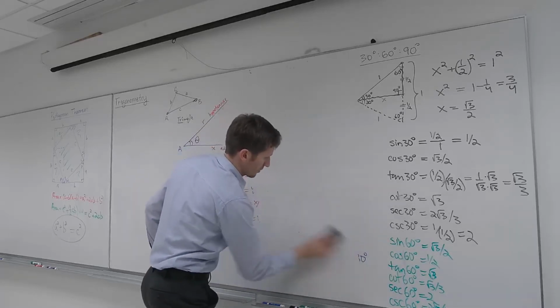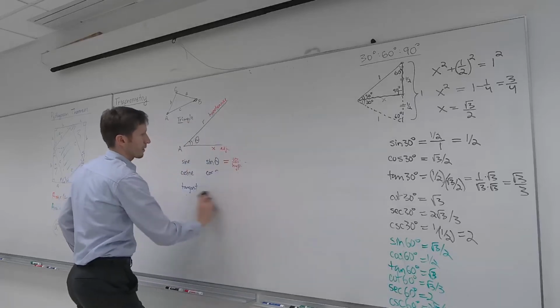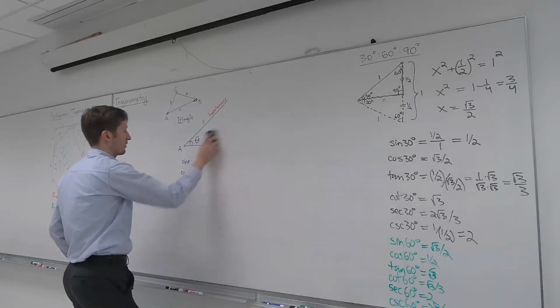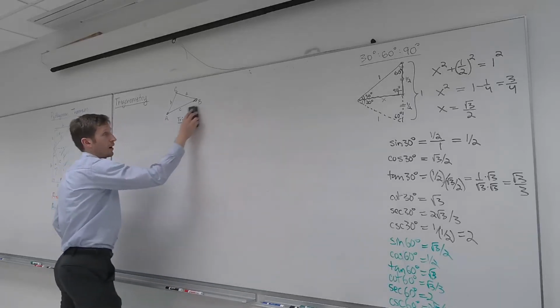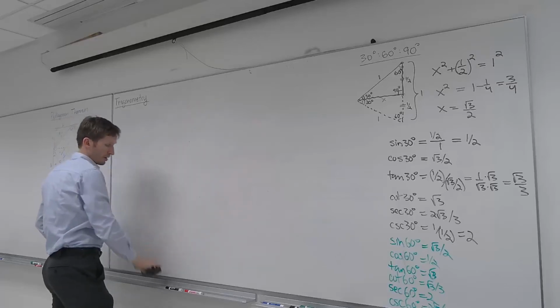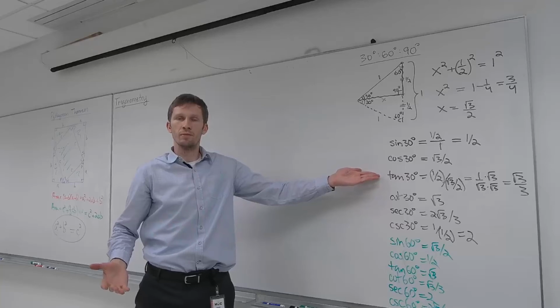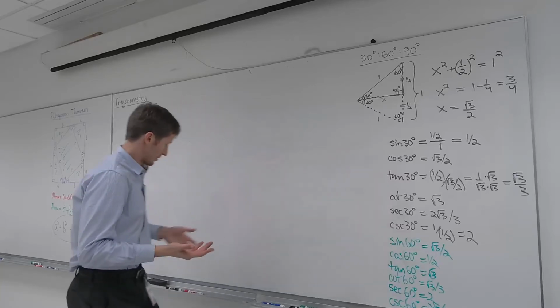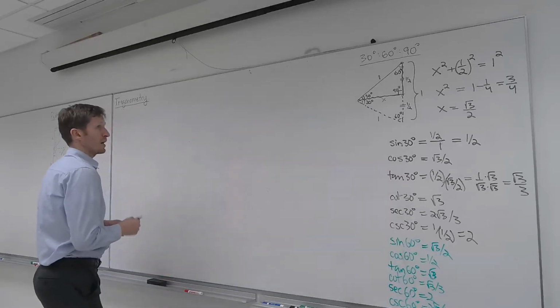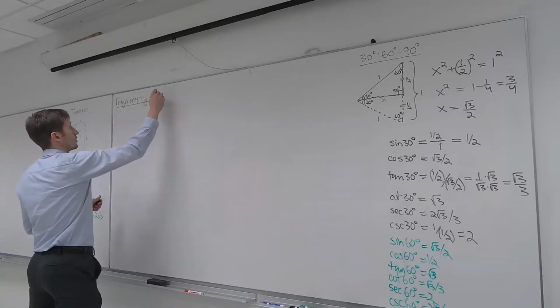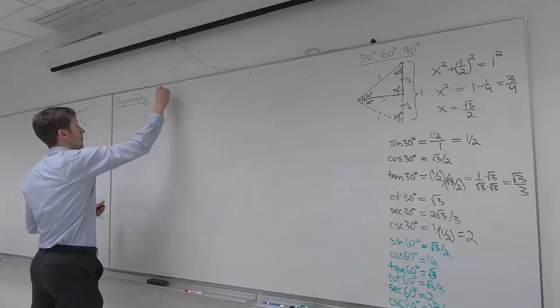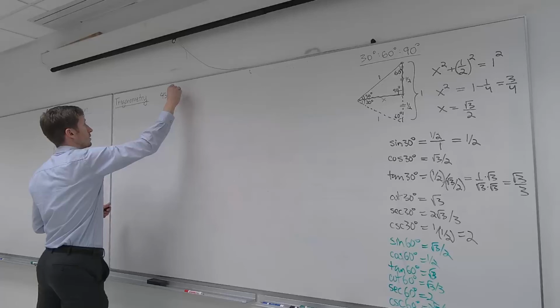So let's see. To do the same thing, what if I told you, what's tangent of 45 degrees? Pause the video and think, how would you find tangent of 45 degrees? Well, now let's go to this. So tangent of 45 degrees, a 45, 45 degree, 90-degree triangle.